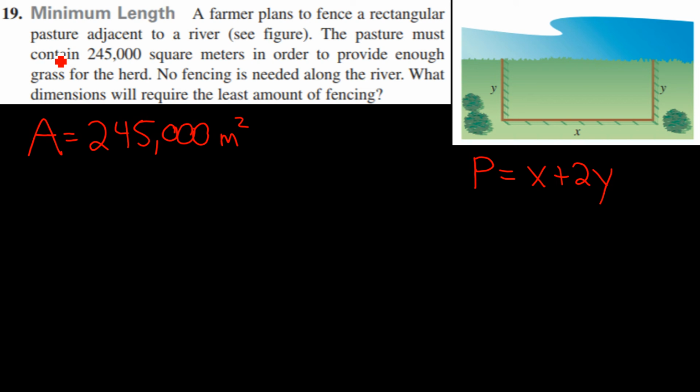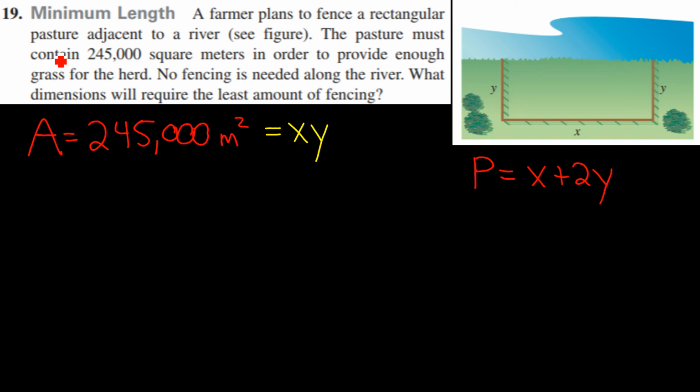The way we do that is with this 245,000. We know that the area is x times y, because x times y gives us the area of this rectangle. Now we use this number to replace one variable or the other. I'm going to write y in terms of x.